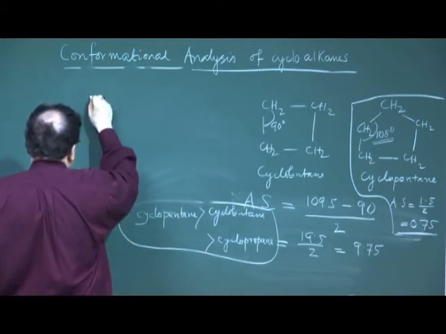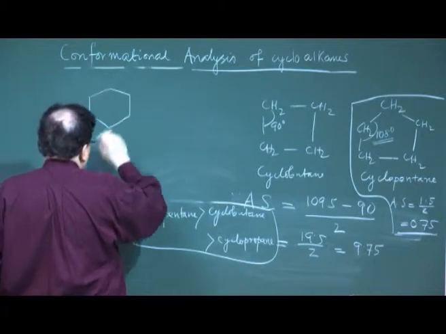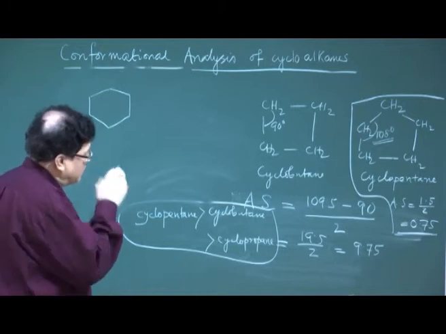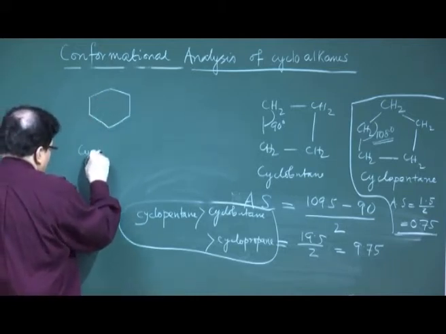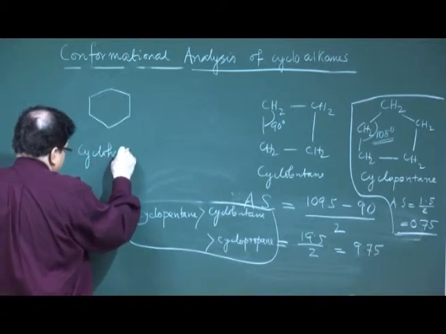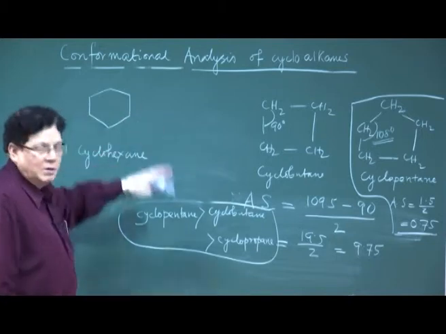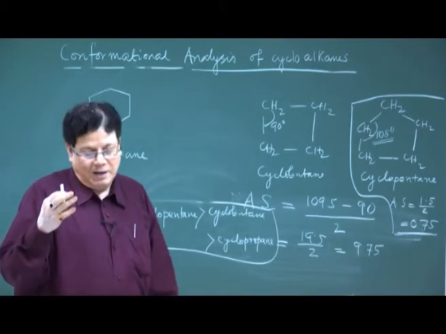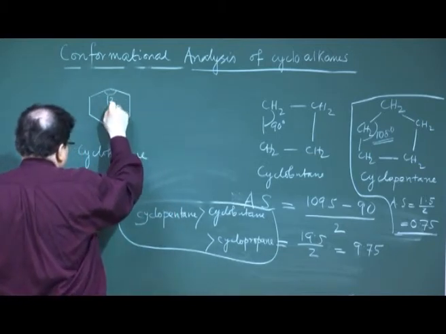So, if you now write cyclohexane, I remove the carbons just the normal way, otherwise it will take more time if I write CH2s. So, this is your cyclohexane. Now, if cyclohexane is a flat molecule, a planar molecule, a regular hexagon, then the angle becomes 120.